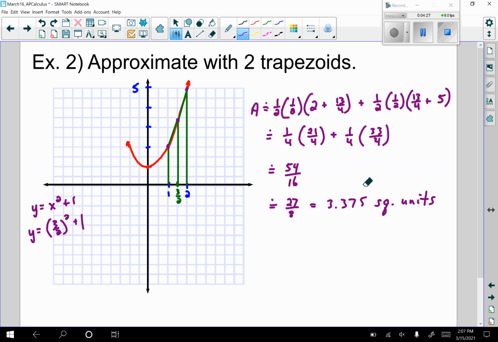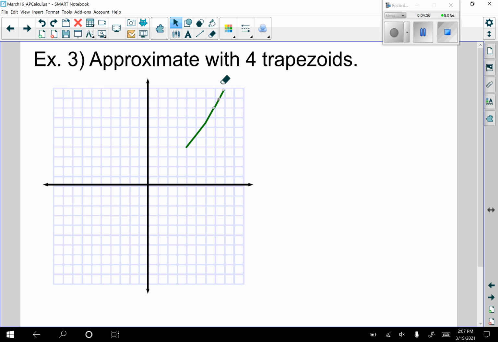Now we're going to try this one more time with 4 trapezoids. So let's definitely space out our x values even more. In this case, I'm going to count every 4 blocks as 1.